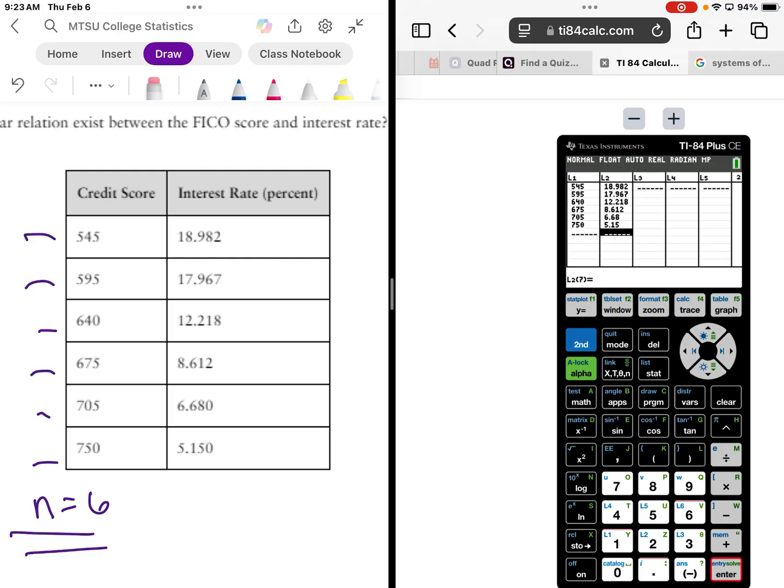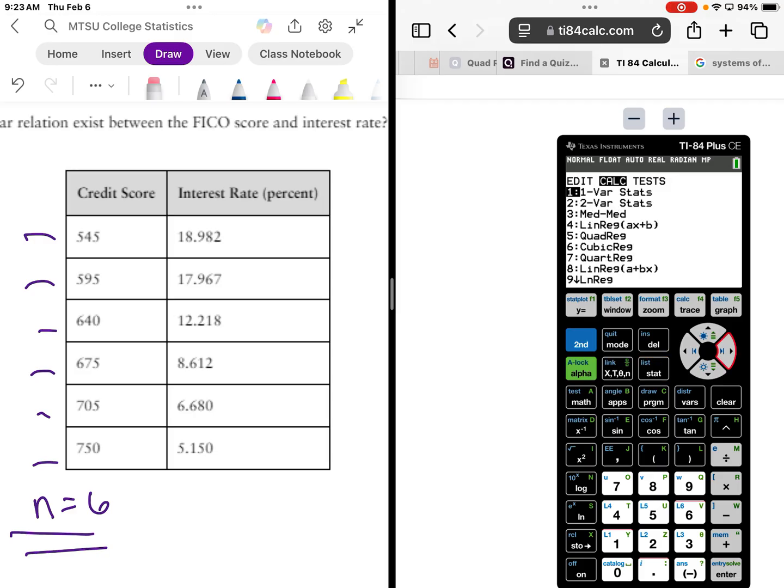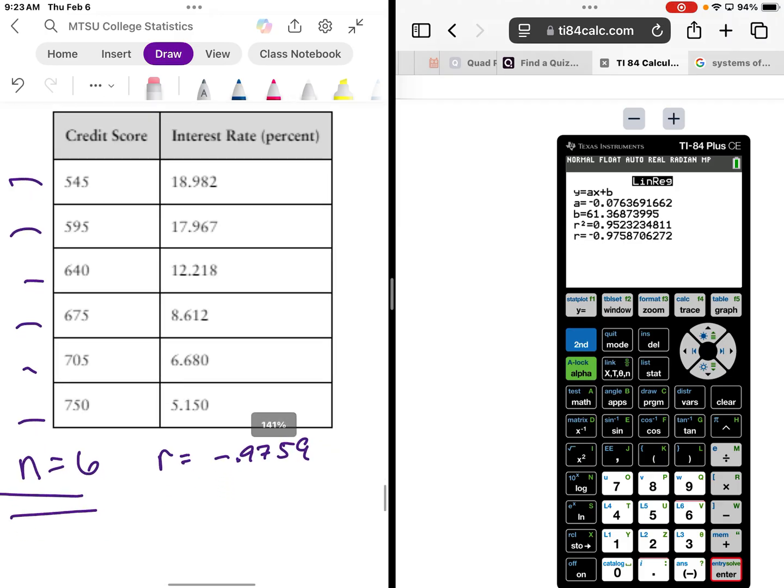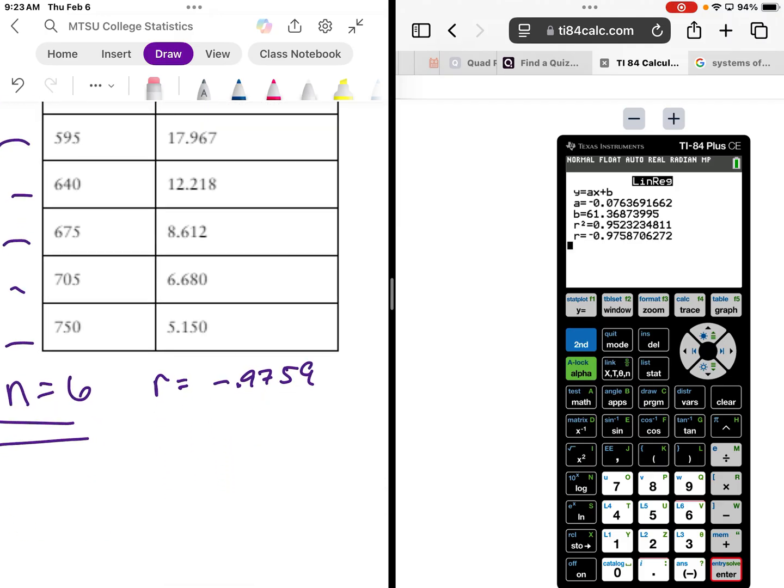All right. And I'm going to hit Stat, Calculate, option number 4, go to the bottom, woohoo, and they tell me my R value on this one is a negative 0.9759. So now I have to do the absolute value of that. Then I get to compare. So that is going to be a positive 0.9759.